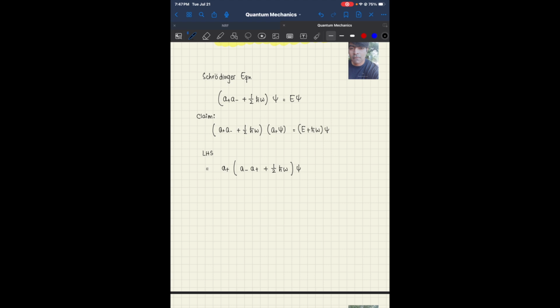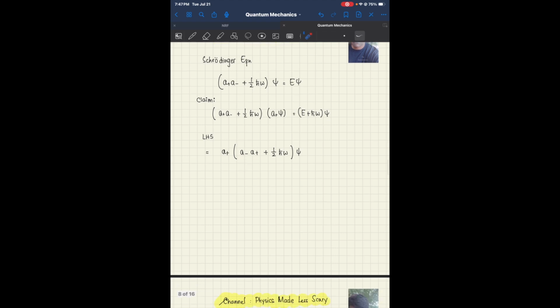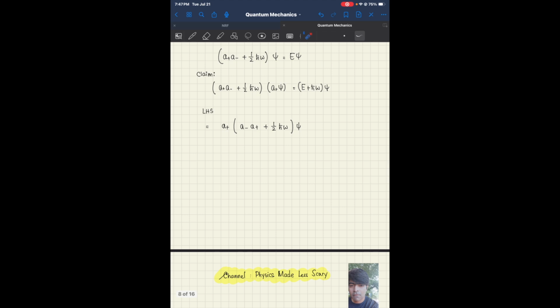I've just pulled out an a plus from here, and these are just numbers. So it doesn't matter, you can pull it out, but you have to be careful about the ordering of these operators, because these are operators, but this is a number. This is 5, 7, 13, whatever. So 5 into 3 is 3 into 5, right? The ordering there doesn't matter for numbers, but for matrices, for example, it sometimes does.